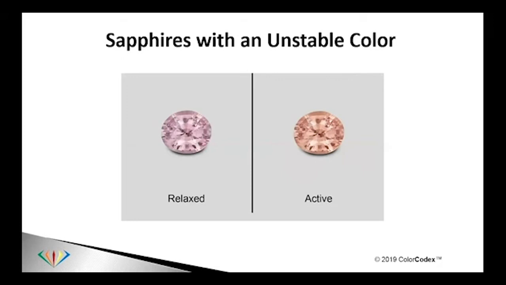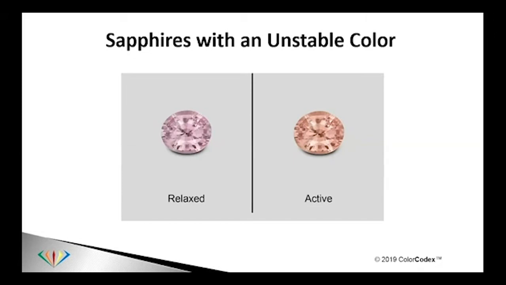We've found from a practical side in the laboratory, the ColorCodex system is very helpful to establish the color in the active state and the color in the inactive state, so that in the future, if anyone has a question, they can come back. We've got these color references, but it also helps us to set the boundary or criterion for when we decide to disclose an unstable color.